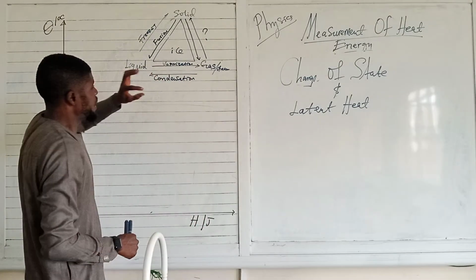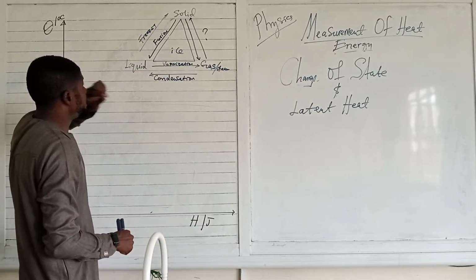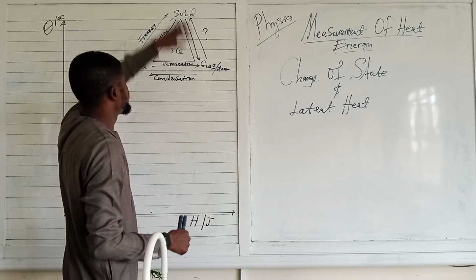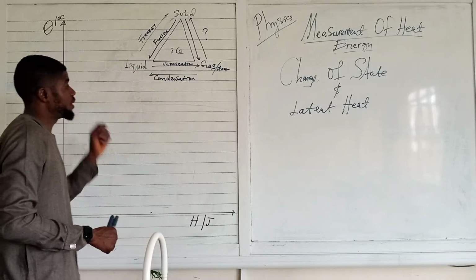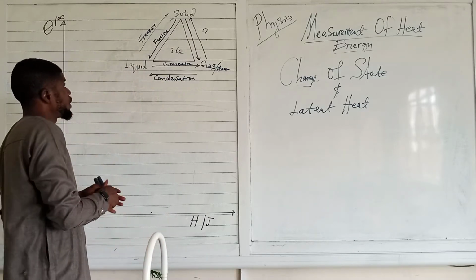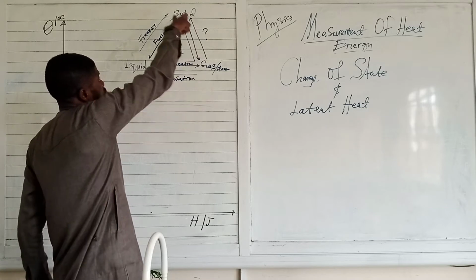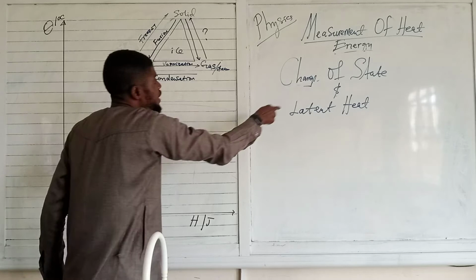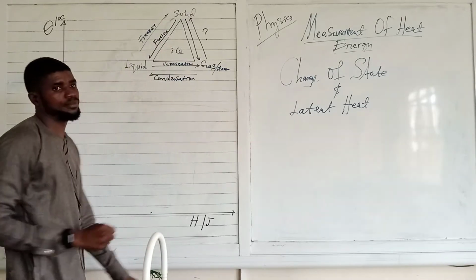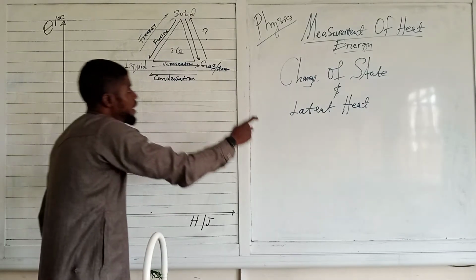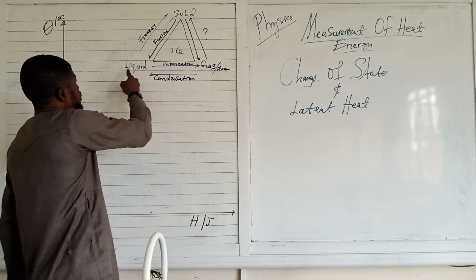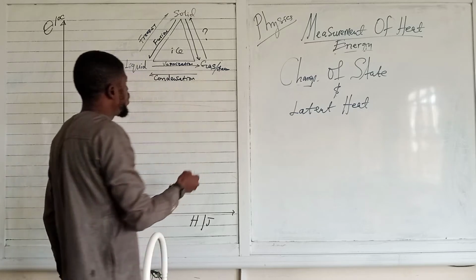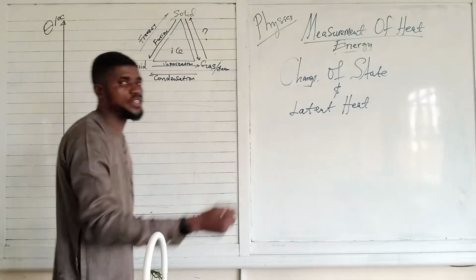Now, we said that latent heat is responsible for changing matter from one state to another without a change in temperature. The heat responsible to change solid to liquid is called latent heat of fusion. The heat responsible to change liquid to gaseous state or steam is called latent heat of vaporization.